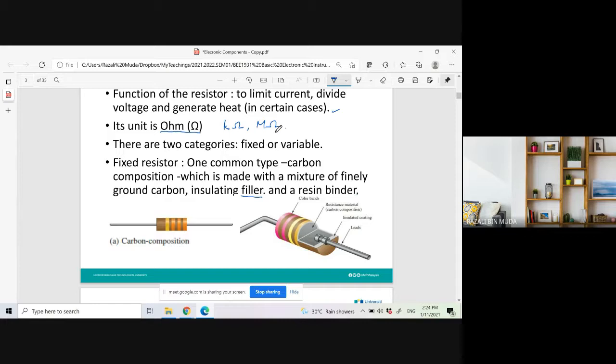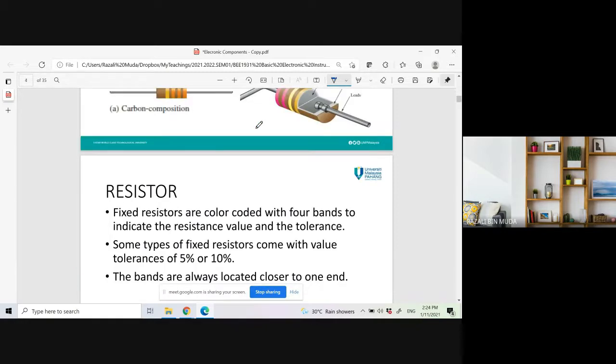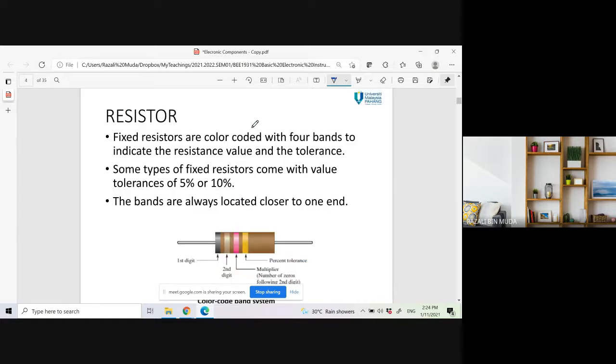Another one has a color band, resistance material, insulated coating and leads. Fixed resistors are color coded with 4 bands to indicate the resistance value and the tolerance.